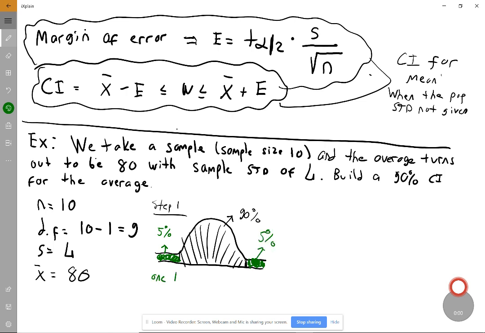So one tail is 5%, which is 0.05, and two tails will be the total of those two tails, and that is 10%, which is 0.1. Okay, so we need to calculate the critical value here. So what is t alpha over 2?